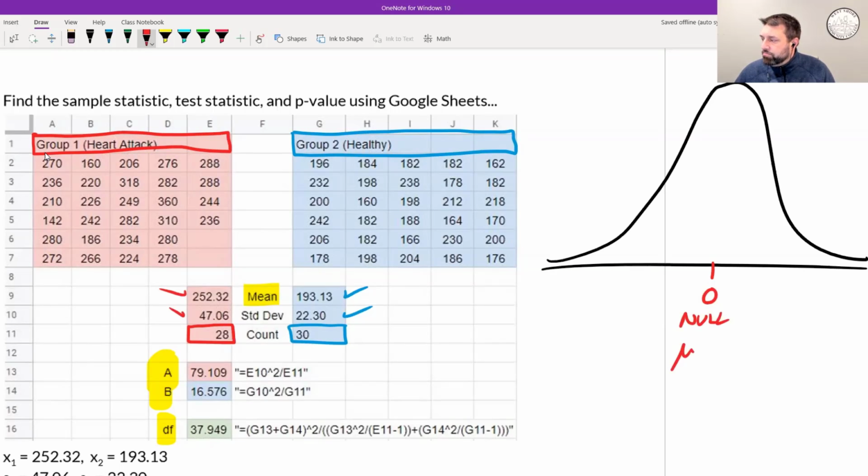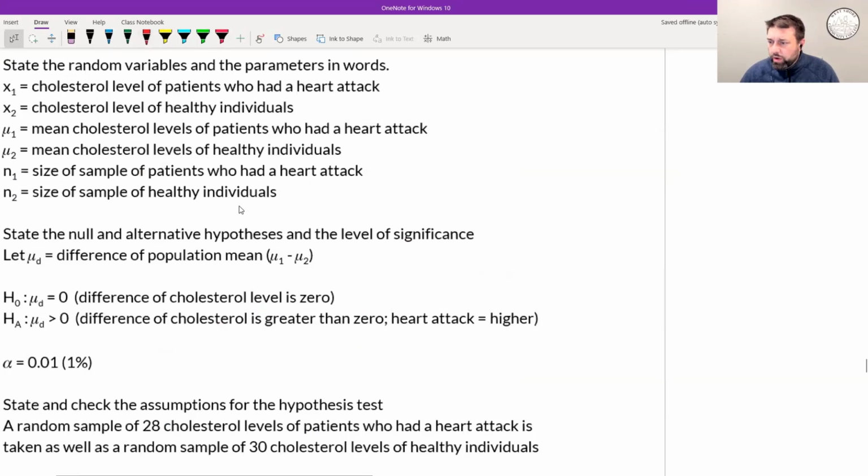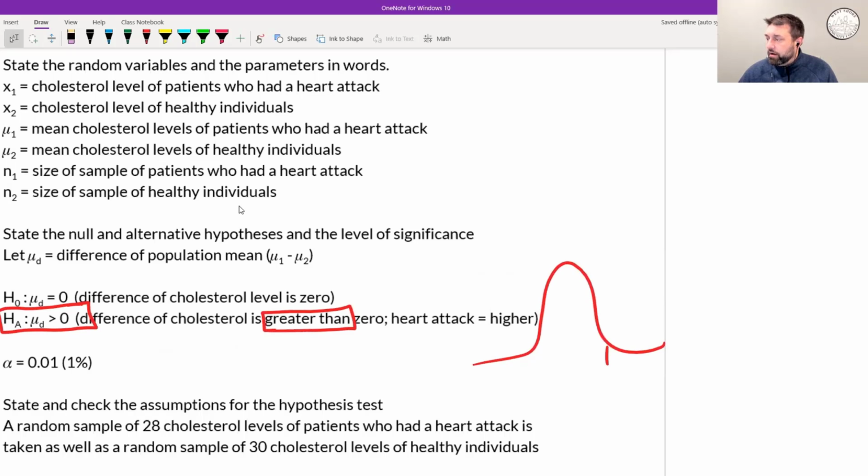And remember, this is mu1 minus mu2. That's what we're looking for, that there's no difference between them. That is our null hypothesis. We believe that the alternative hypothesis is greater than 0. That means we are looking for the area above, to the right of our target.